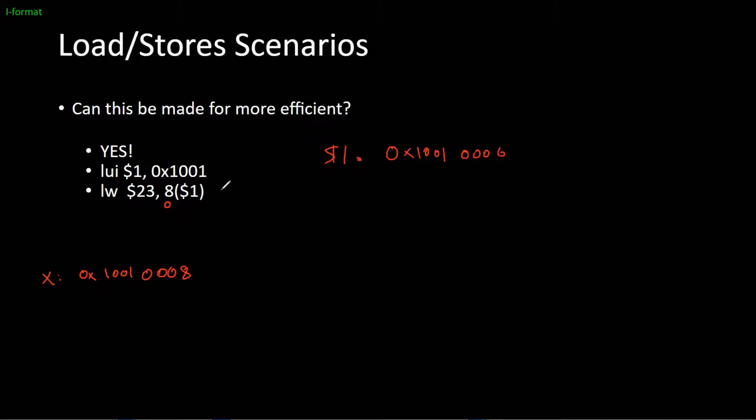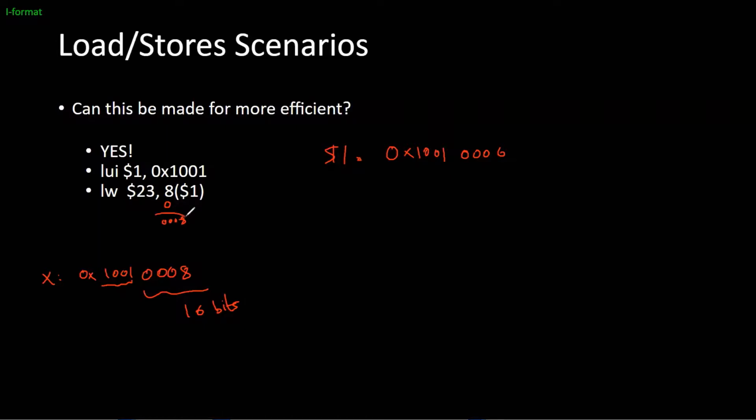Now, after doing this upper part, this one is getting taken care of in register 1. And for the I format, we have 16 bits, so we can put this one directly as the offset. Let's say here we have 0008.